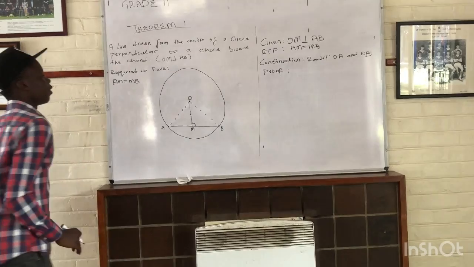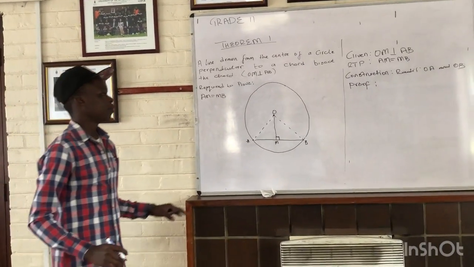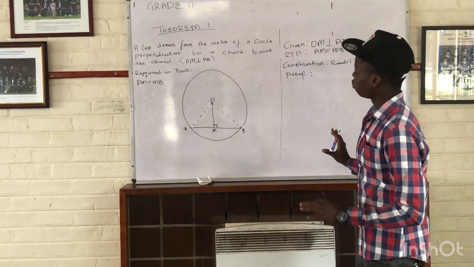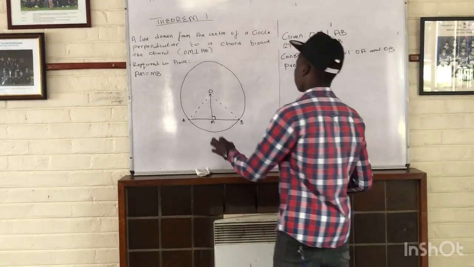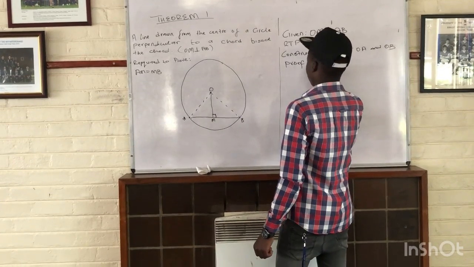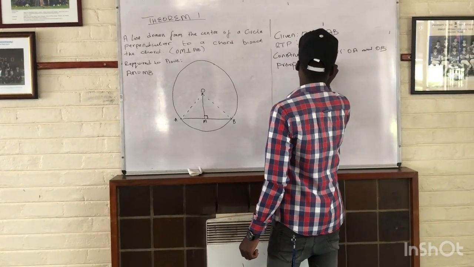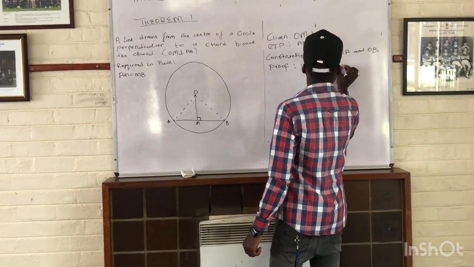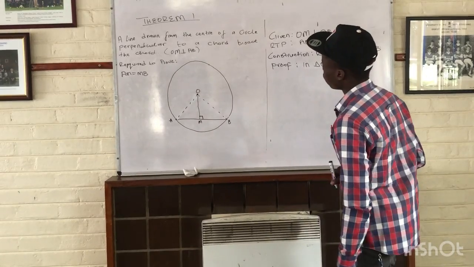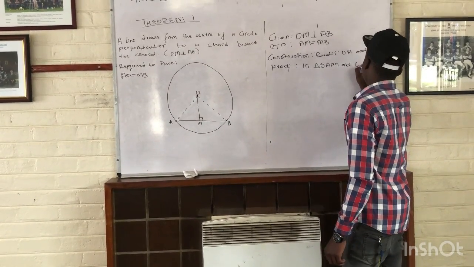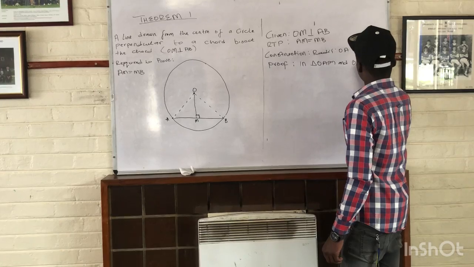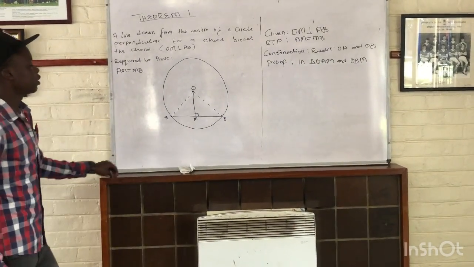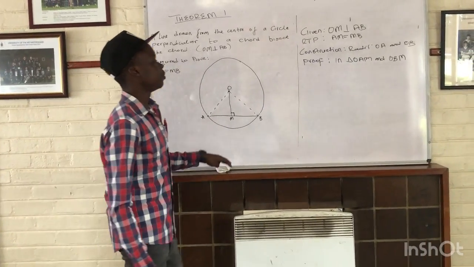Therefore, going to our proof, first of all we have to say in which triangles we're going to prove. In this statement, we're going to prove in triangle OAM and triangle OBM. In these triangles, we're given that OM is perpendicular to AB.